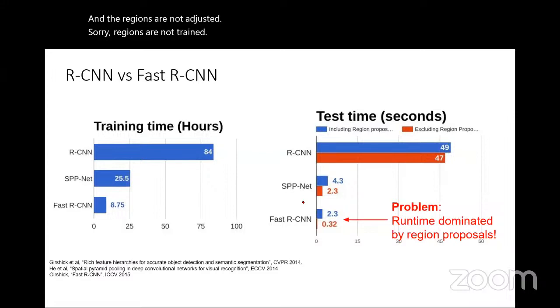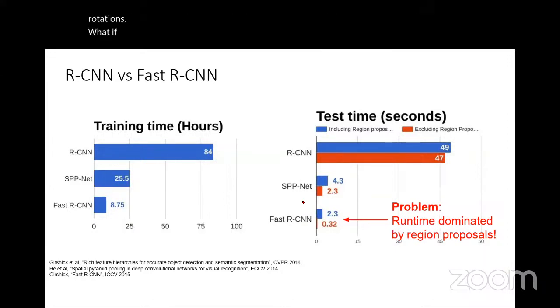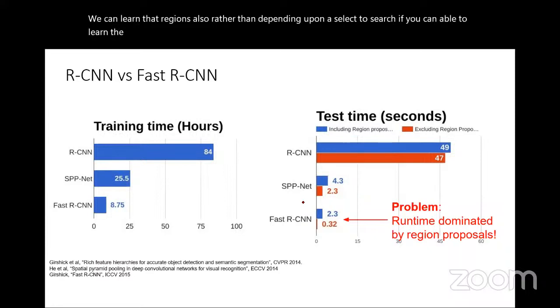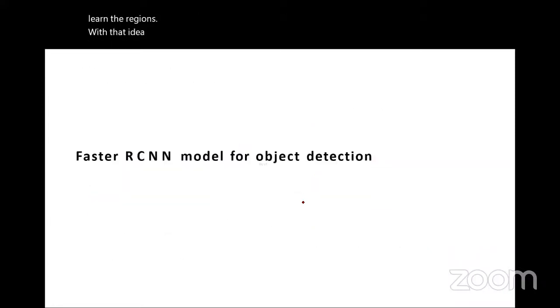There the regions are simply adjusted with the help of a little bit of translation, shifting and rotations. What if we can learn those regions also, rather than depending upon a selective search? With that idea, the third solution came, that is called the Faster RCNN model.